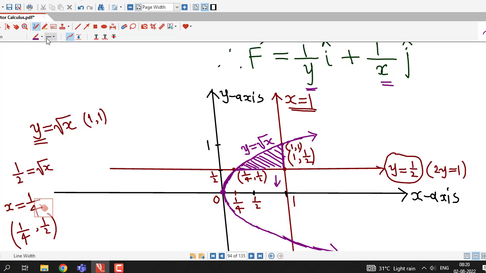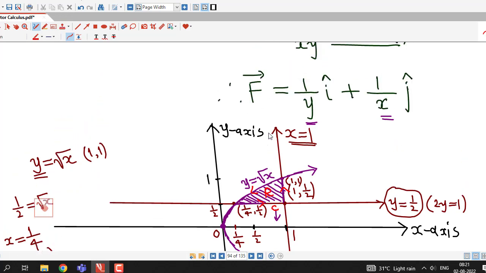So we will consider this region for the double integral, and this is the boundary of the region, which is our curve C. C denotes the boundary of the region R, and we are interested in the double integral over this region R.